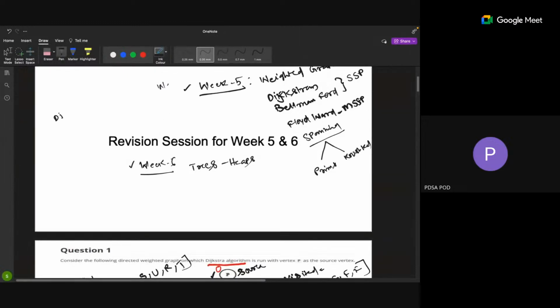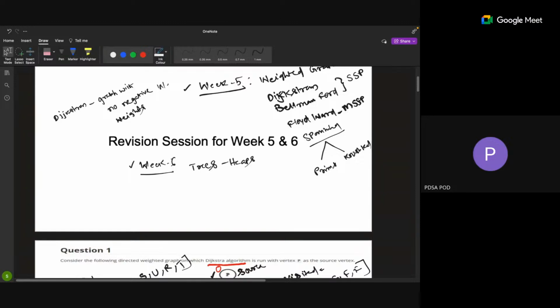Dijkstra's algorithm works with graphs with no negative weights. Please remember, it's a direct theoretical rule, a standard rule.